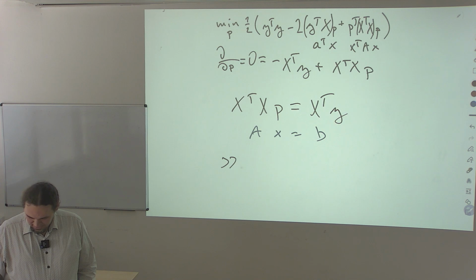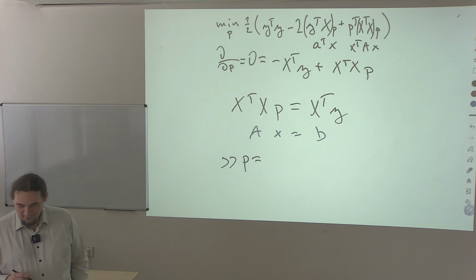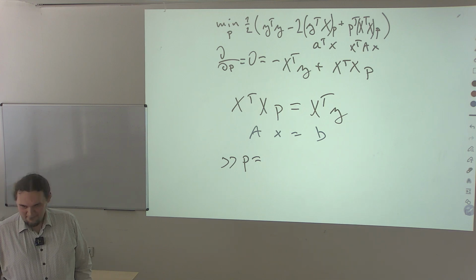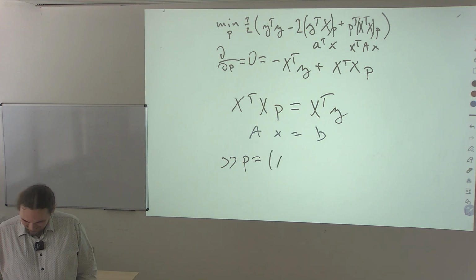Okay, so the MATLAB way, p is equal to, and now what we are backslashing. And b is to the right. So the inverted A matrix is now inverted? Why? We are backslashing, so we don't need the inverse.